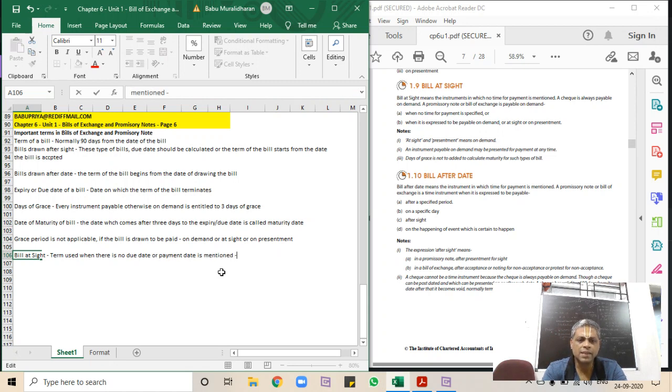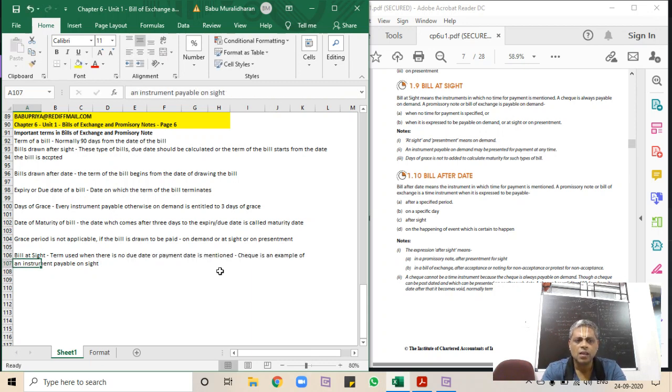So a classic example of a bill at sight is a check. A check is an example of an instrument payable on sight or on demand, basically on sight, right?